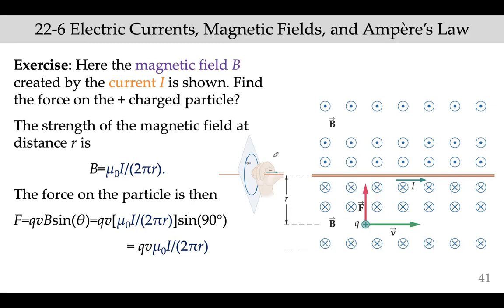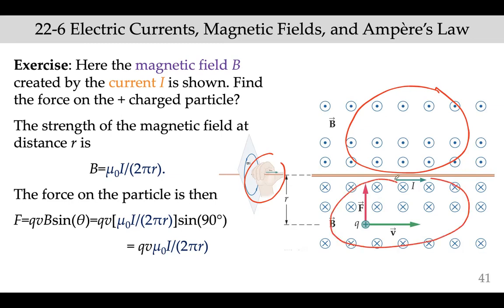And you can see that if you wrap your hand so that your thumb shows in the direction of the current, you will find in this region, the magnetic field lines are out of the screen towards you. So that will be your 4 fingers. And in this region, the magnetic field lines would be into the screen.